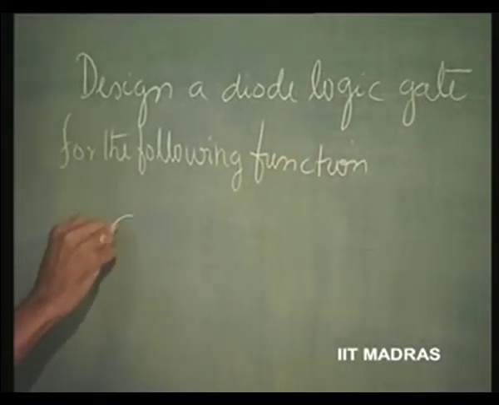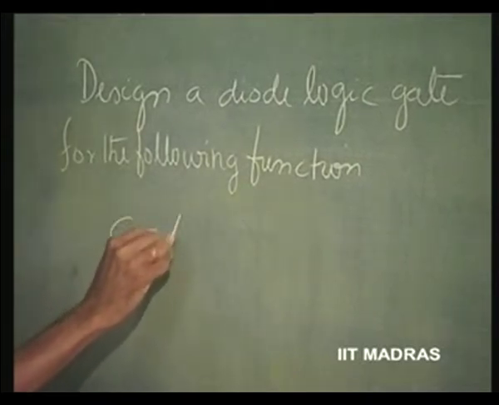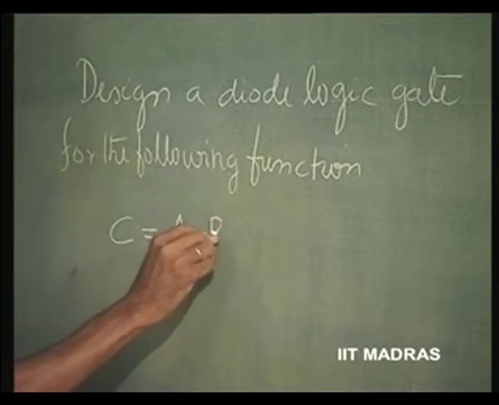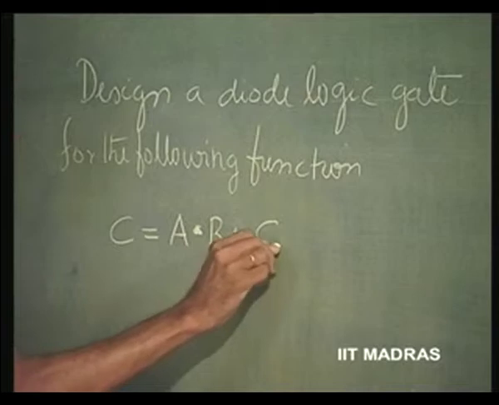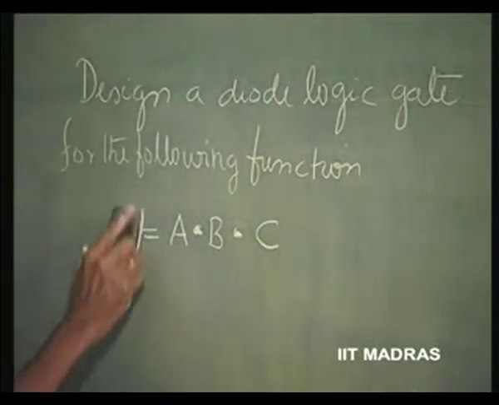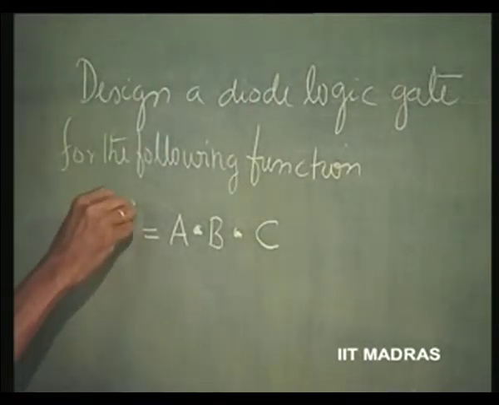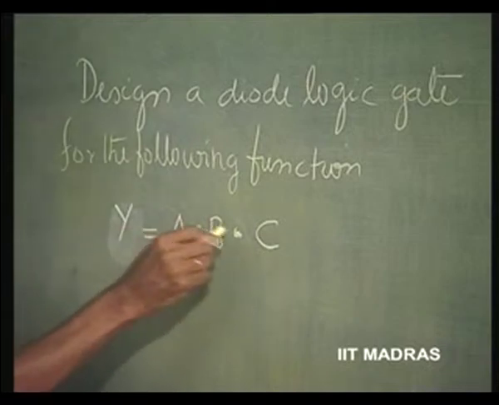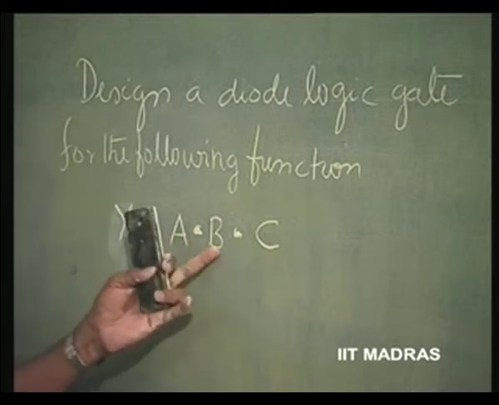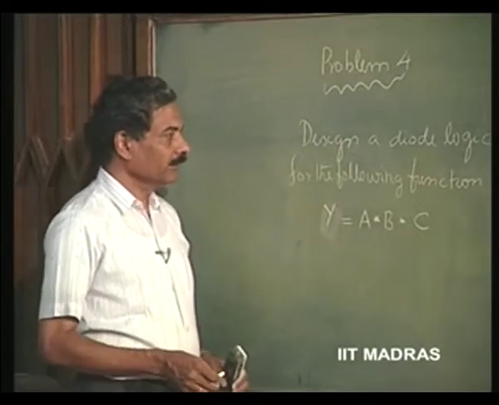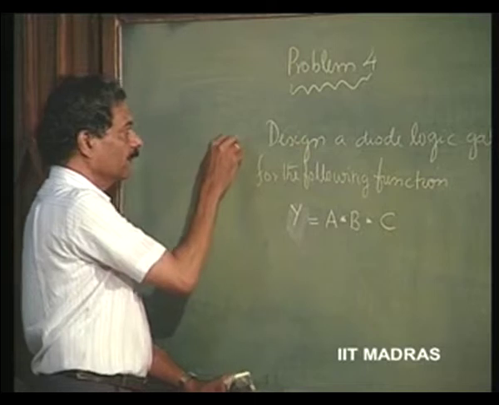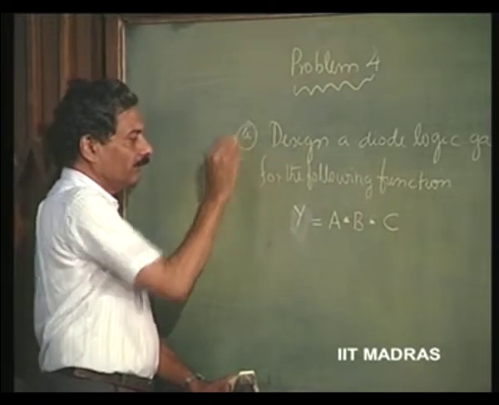That is, y should be equal to A dot B dot C. So, 3 input, what is the gate? 3 input AND gate. So, following function, this is a 3 input AND gate. This is the first problem.